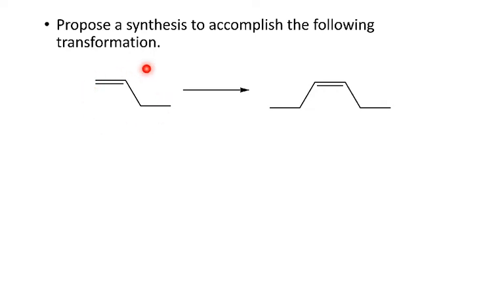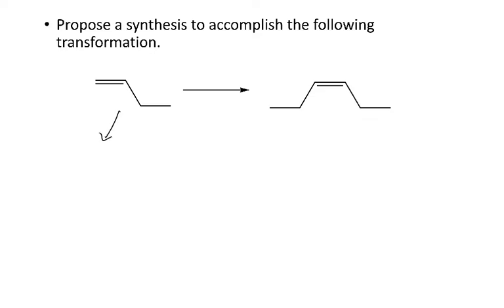So I don't know how to do alkylation with an alkene, but I know how to turn this into an alkyne. And then once I do that, I can use the terminal alkylation to add on these two carbons, and then I know how to go from an alkyne to an alkene, and I can do that with hydrogen and a poison catalyst. So the first thing I want to do is halogenate this.